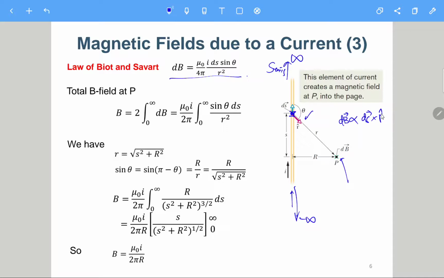You can use the right hand rule to determine that dB should be going into the page, because it is ds cross r hat, so going into the page.